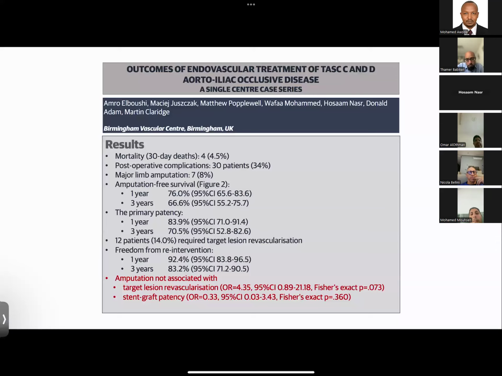We actually came across a lot of patients whose limbs were saved, and we got them through the initial phase of their tissue loss or rest pain or whatever, and the stents got occluded eventually in the future, but that did not translate to limb loss. And this is why I say that the question of patency is always the wrong question. It's all about amputation-free survival. So even if the stent occludes in the future, sometimes it doesn't matter.